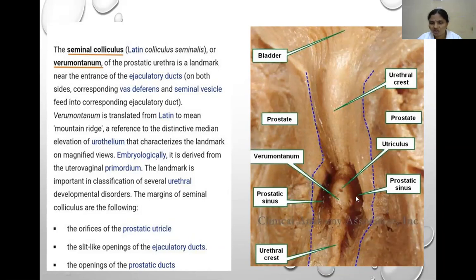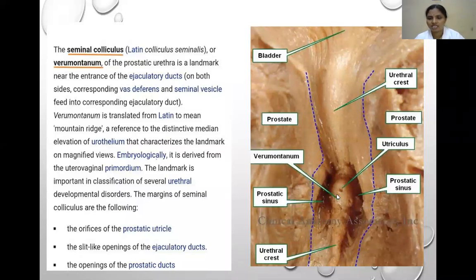And this seminal colliculus receives three openings. If you identify three, in the midline it is a surface invagination, seen from anterior view, in the form of a cul-de-sac, which is known as the utricle, the prostatic utricle.